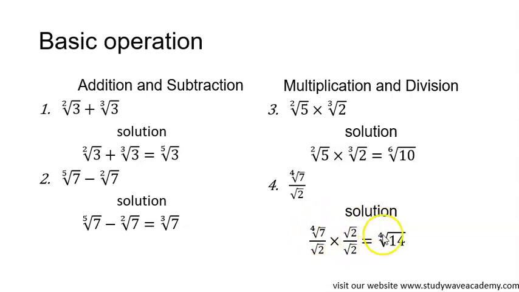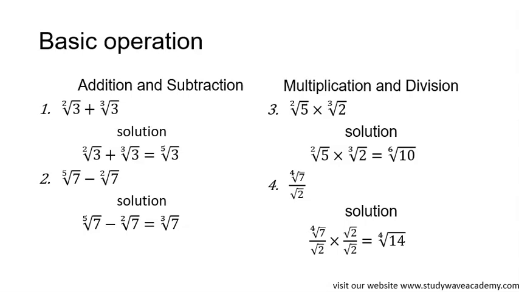So our answer is 4 root 14, okay? So rationalizing this will give us 4 root 14. Do you understand that? I hope you're not confused. So I'm sure if we see addition, subtraction, multiplication, and division of surds, you'll be able to attempt it and have a good answer, right?